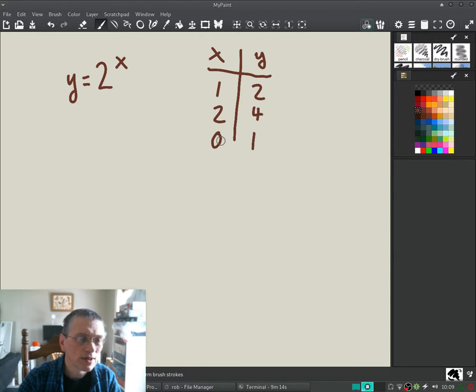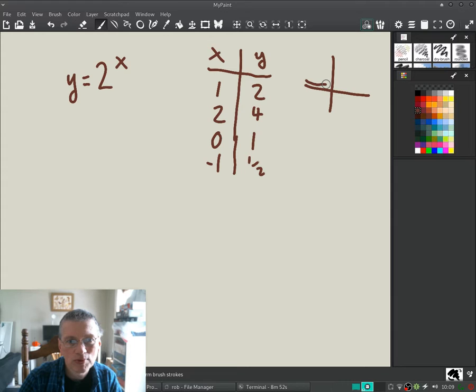You can put in negative numbers. X equals minus 1, and you get 2 to the minus 1, which is 1 over 2 to the 1, which is 1/2. So you can get smaller numbers. Notice you never get a negative number out of these. If you look at the exponential function, it looks something like this.